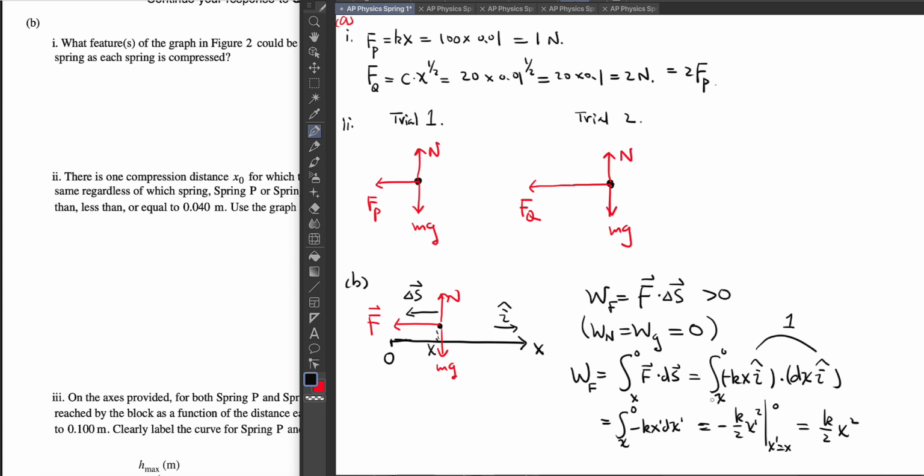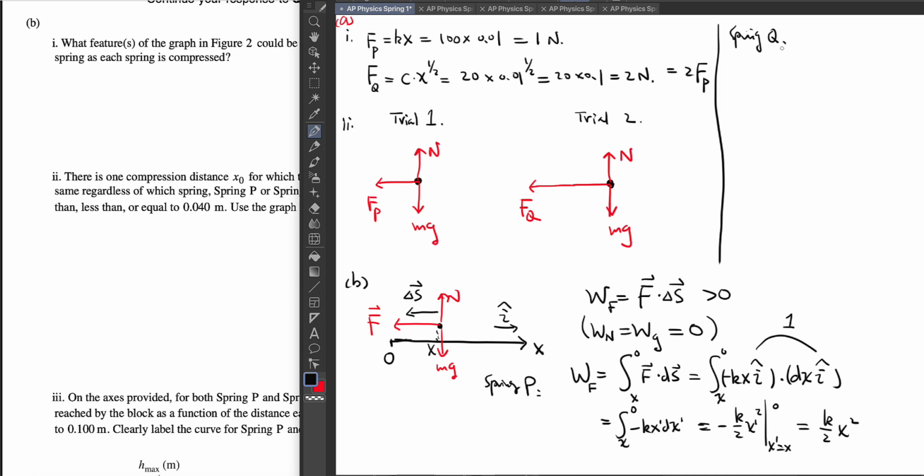In the textbook, we did this kx relation, a linear spring system, and then we calculate the work done by those kinds of springs. So that's spring P. Now let's do spring Q. I'm going to write it here so that we can save some space.